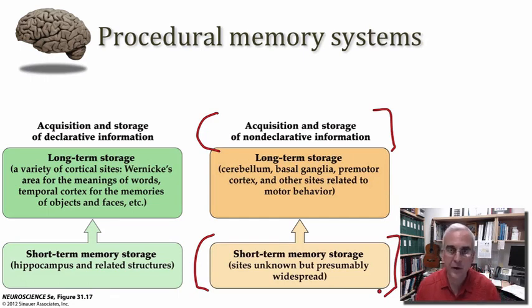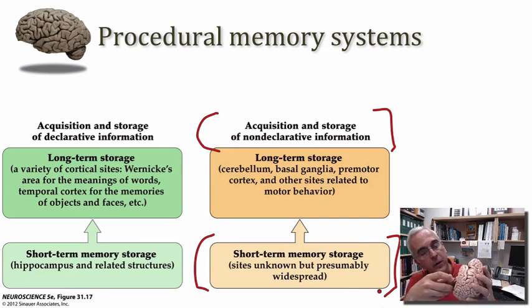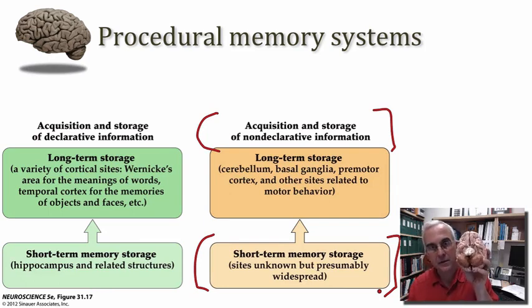I would suggest that perhaps we do know a little bit more than what this figure would imply, and I certainly want to now restore the integrity of my cerebellar hemispheres so that I can make the point that the cerebellum appears to play an important role in the acquisition and consolidation of procedural memory.